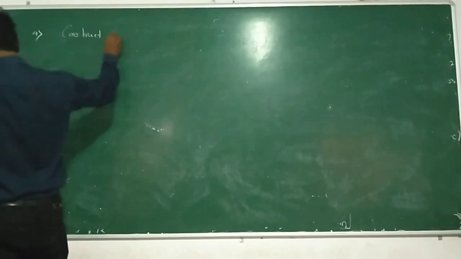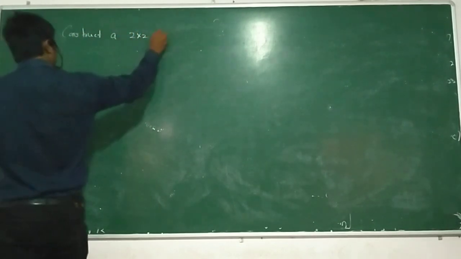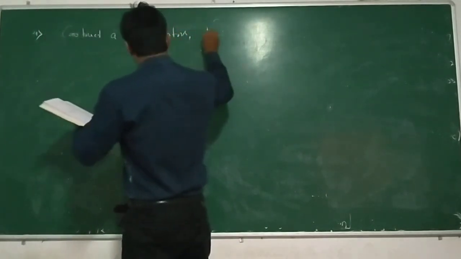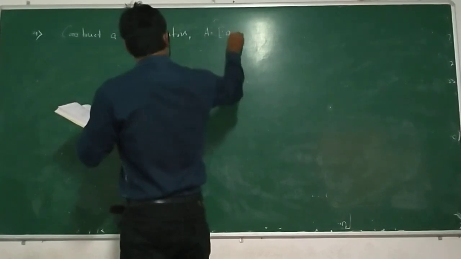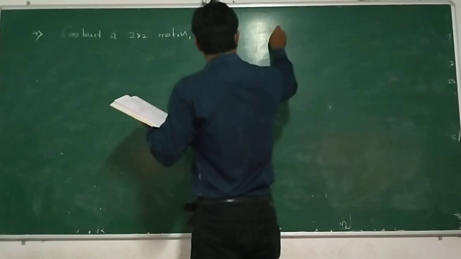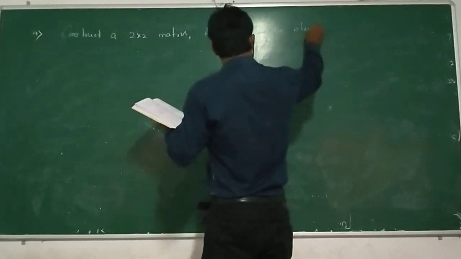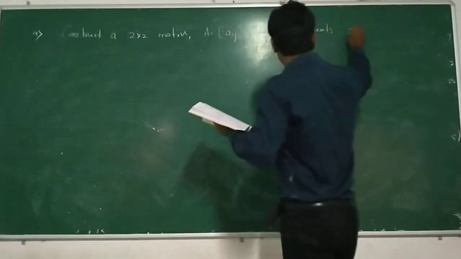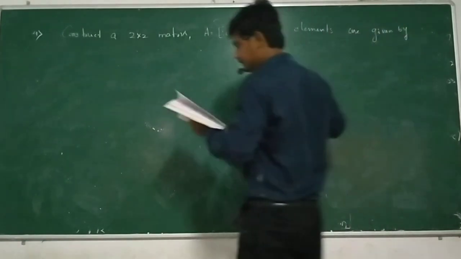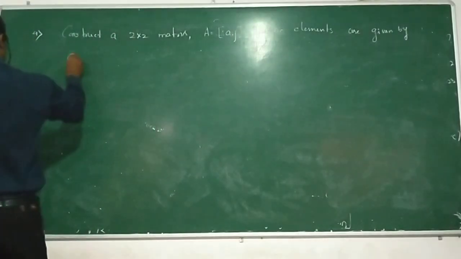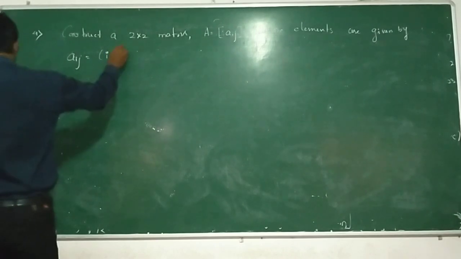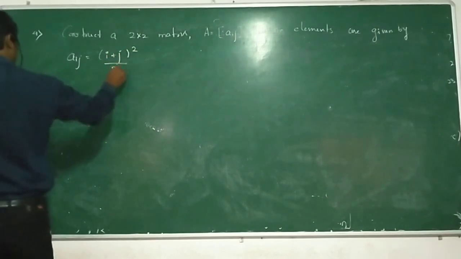Construct a 2 by 2 matrix A equals Aij, whose elements are given by Aij equals (i plus j) whole square divided by 2.